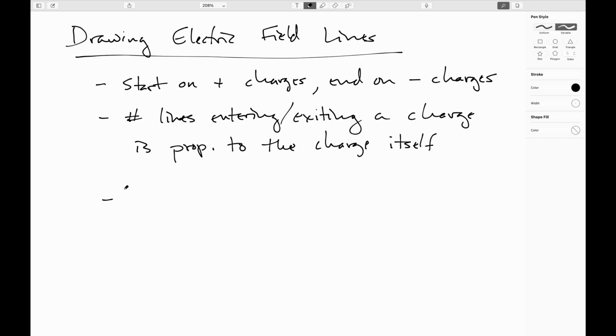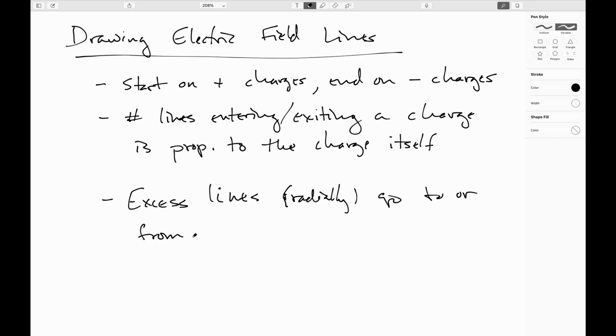If you turn out to have excess lines, they will head radially to or from infinity. I'll make that clearer in the example.